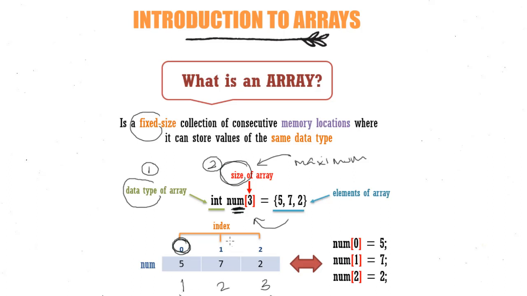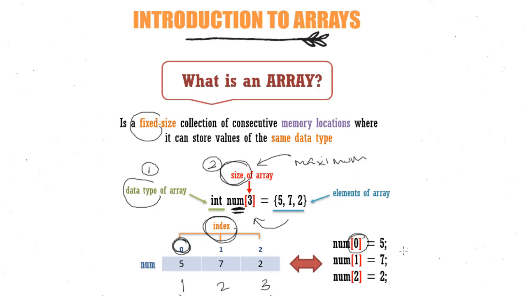But the location of the data will be determined by the index. So when it comes to arrays, it is important that you know the index of each data. For example, if I want to put 5 inside an array as the first element, it will be 0.